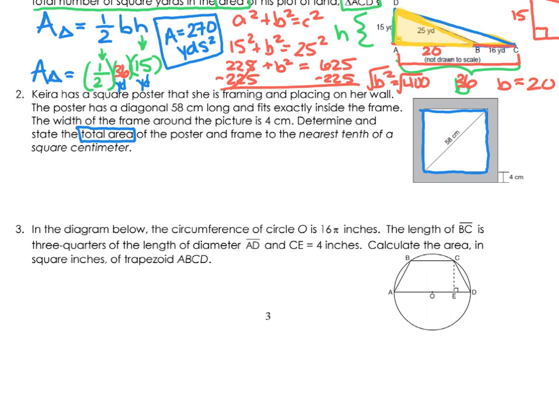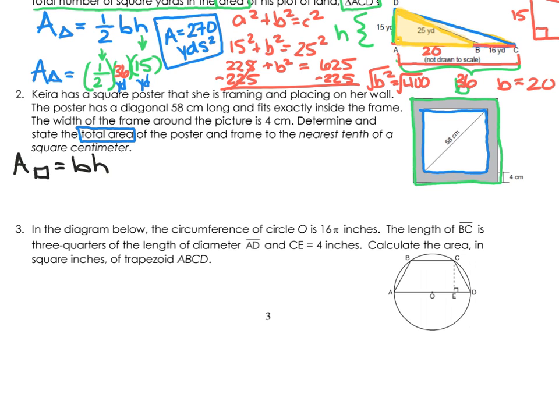Okay, and so what we need to do is figure out the entire area of this picture. Okay, it is square, so that's cool. All right, and remember, squares are rectangles, and so we're going to use our formula: area equals base times height.